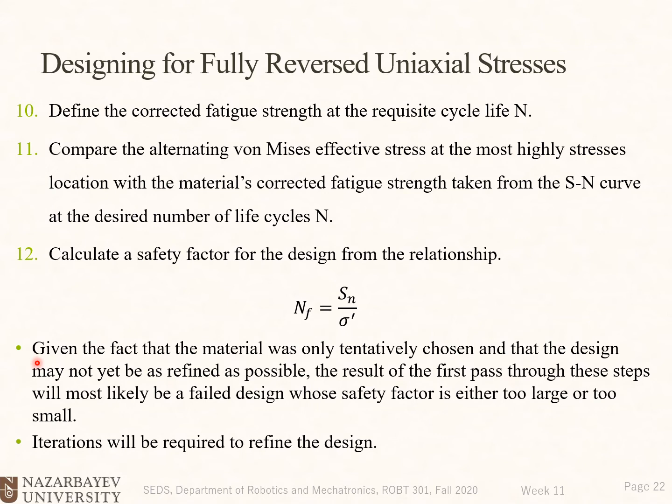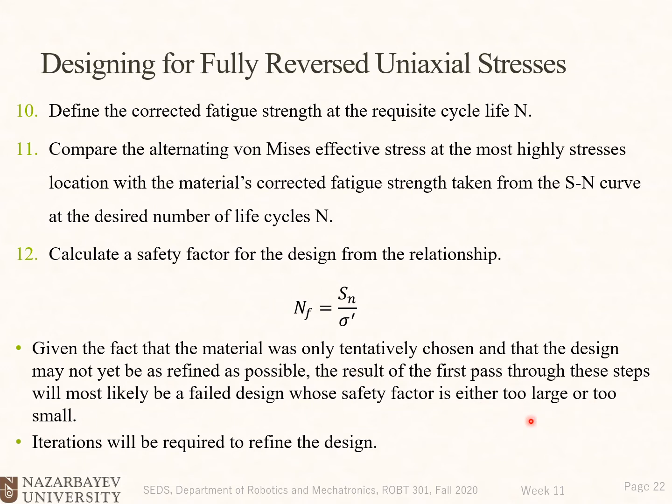Given the fact that the material was only tentatively chosen and that the design may not yet be as refined as possible, the result of the first pass through these steps will most likely be a failed design whose safety factor is either too large or too small.